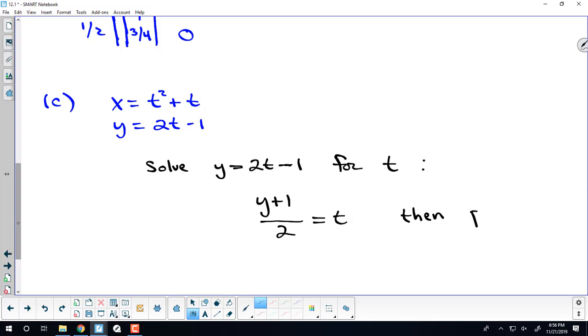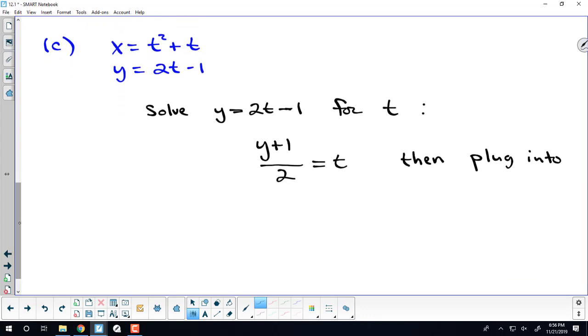Then plug this into the equation for x. That way we have a single equation involving x and y.